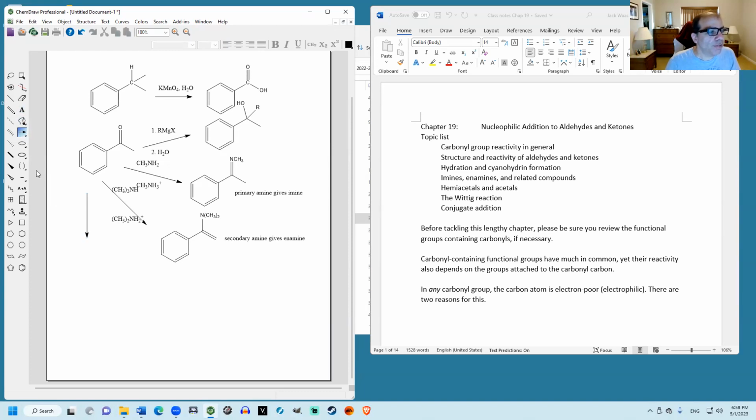And last but not least, we said that addition of an alcohol will give the acetal.